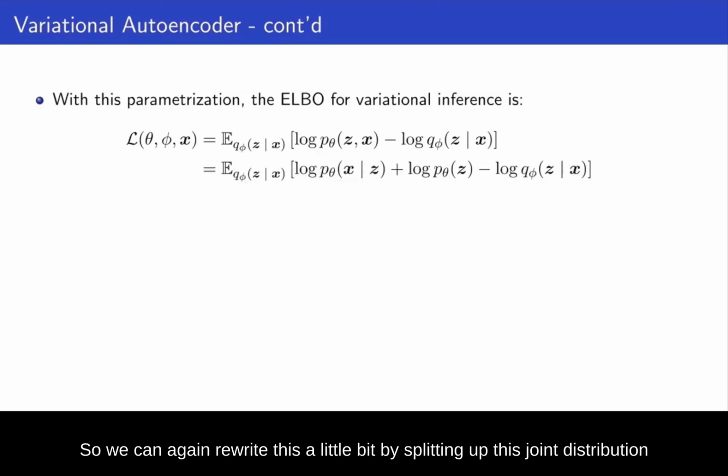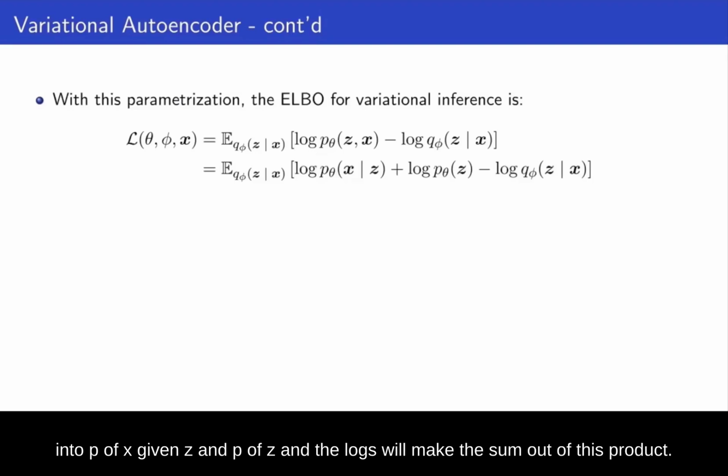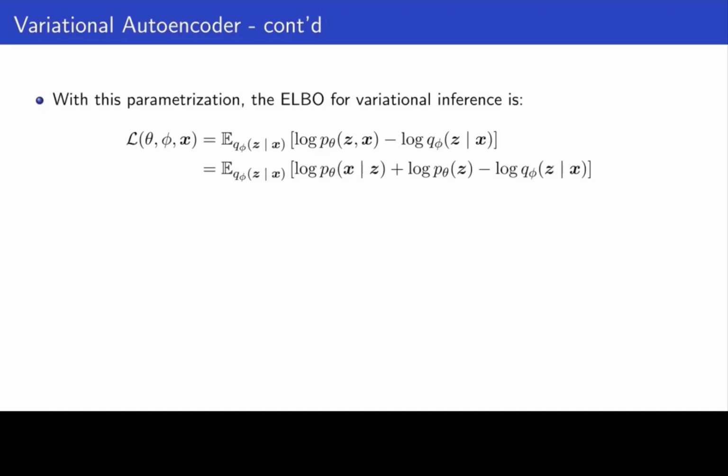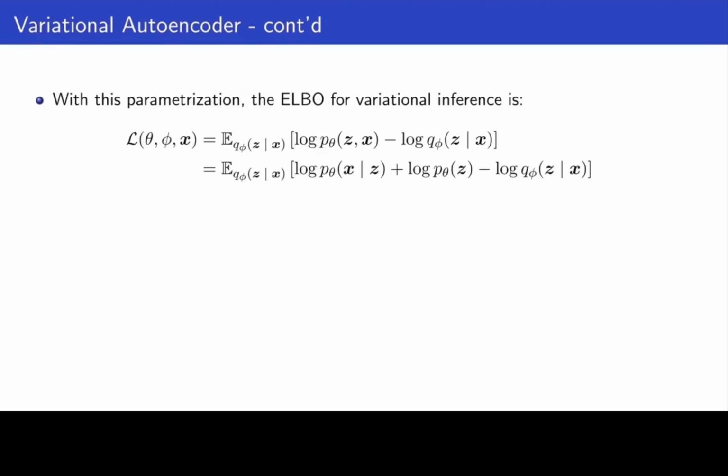So we can again rewrite this a little bit by splitting up this joint distribution into p of x given z and p of z. And the logs will make the sum out of this product. So we have log of p sub theta of x given z plus log of p sub theta of z.